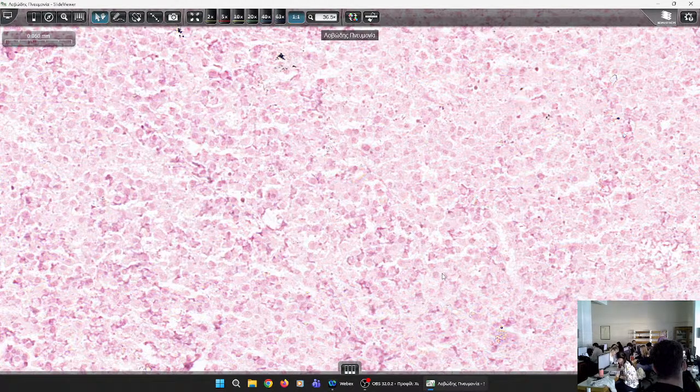So, when pus is formed in an area, what does it do? If it is within a solid organ, it tries to open a way so that it reaches a free cavity and be spread there. And in this case, it will find the pleural cavity. And we have the pleural empyema, because this is a pre-existing cavity that has become filled with pus.